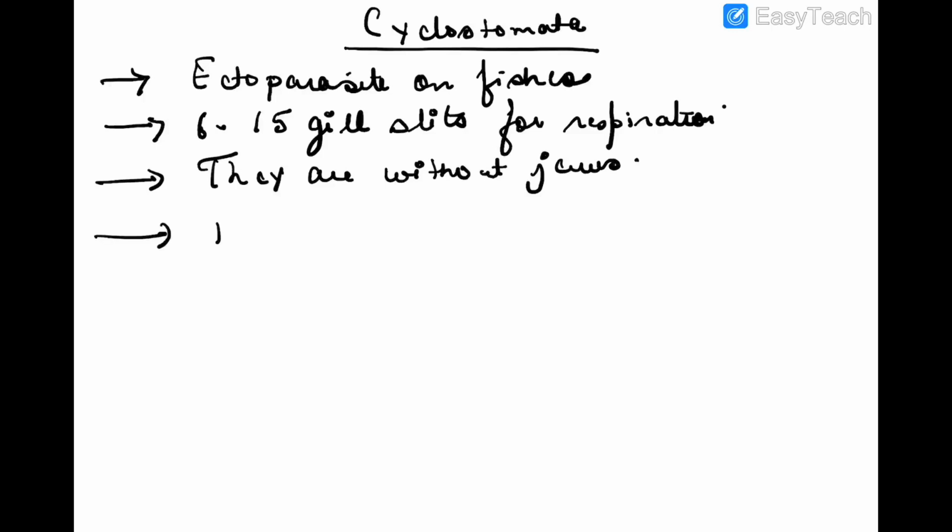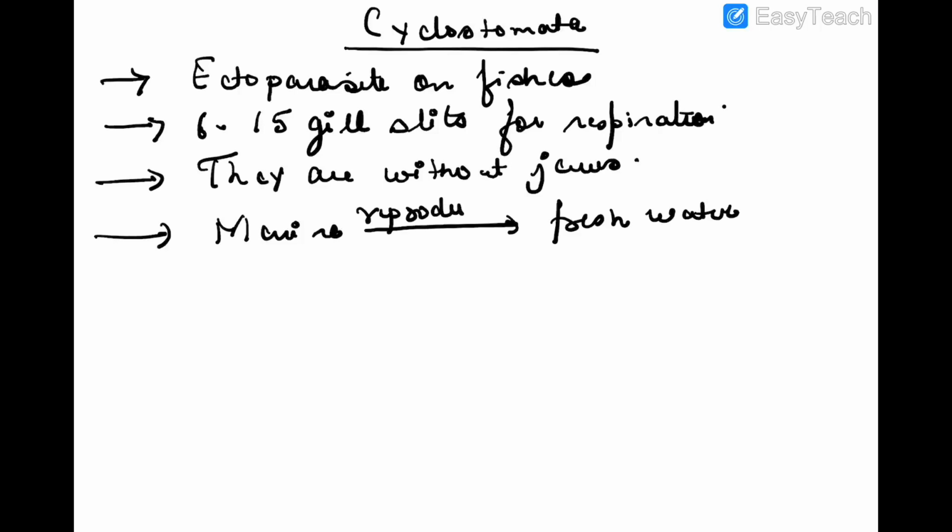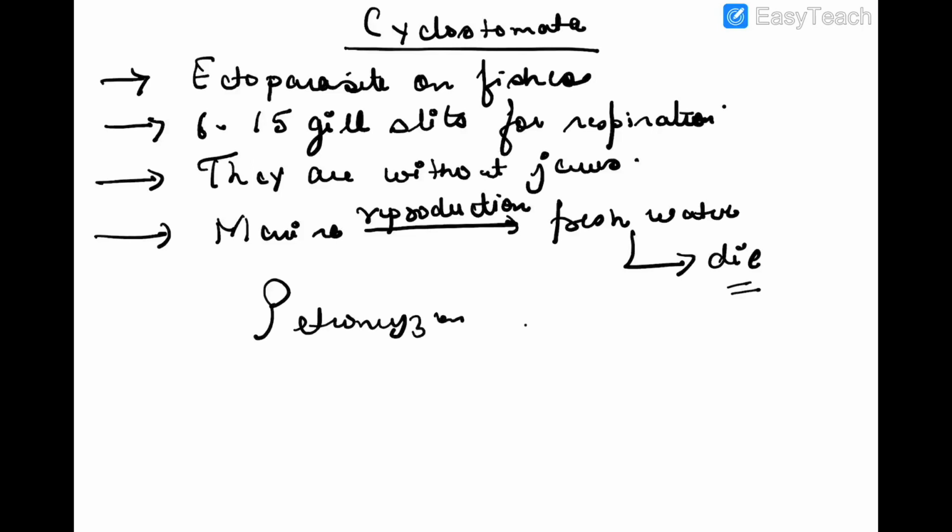They are marine, but they move to fresh water for reproduction. After reproduction, they die. Examples are Petromyzon and Myxine. Here you should know that in fishes we do not use the word reproduction. Instead, we use the word spawning.